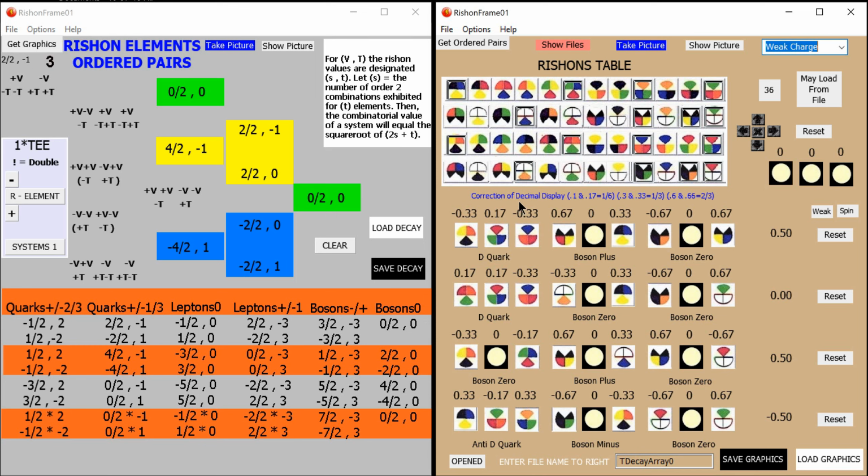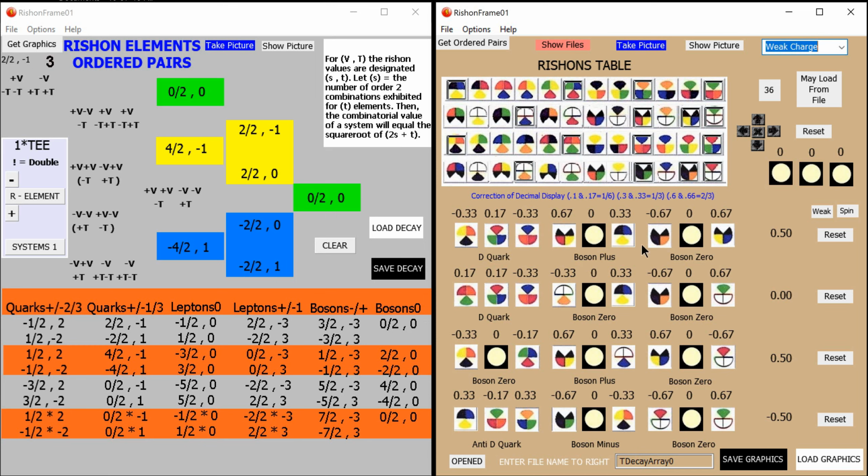As we can see, 1/3 plus 1/3 is 2/3, -2/3 plus 1/6 will give us -3/6, which is -1/2. But this D quark is transformed into a T quark, which is a left-handed quark, and so the weak charge, instead of being -1/2, will be +1/2.